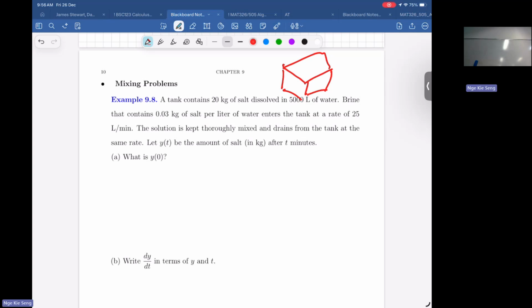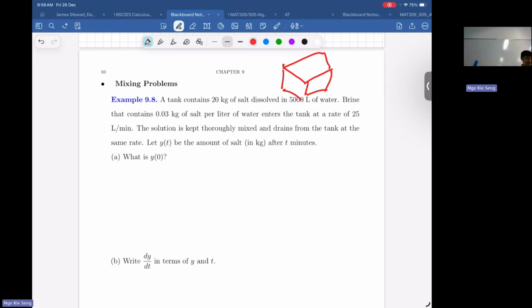Brine that contains 0.03 kg of salt per liter of water enters the tank at a rate of 25 liters per minute. The solution is kept thoroughly mixed and drained from the tank at the same rate.